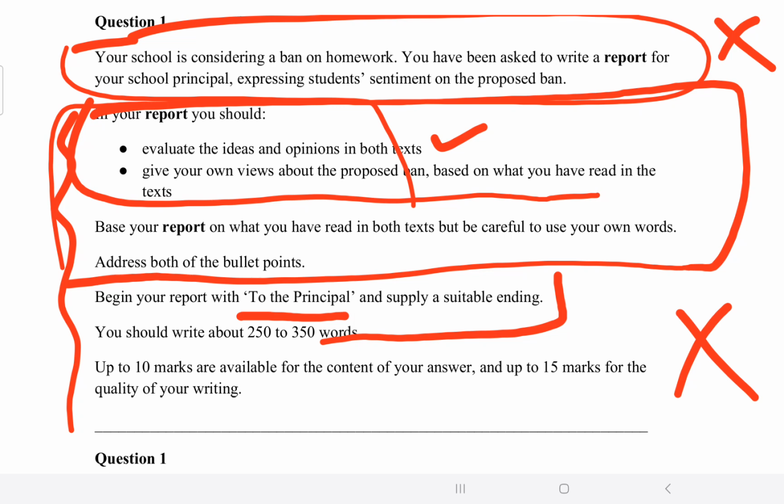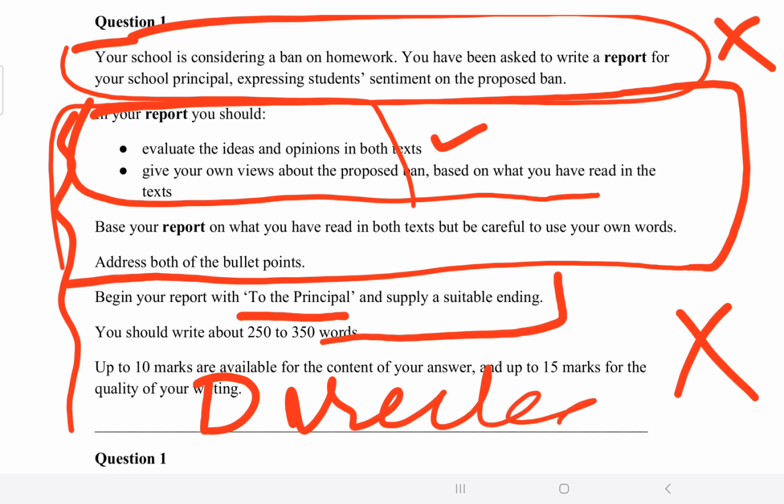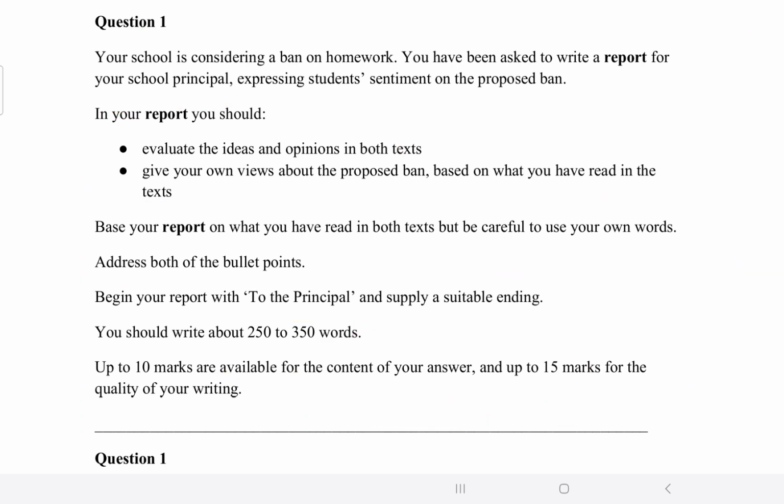Do not write something of your own, because this is a directed writing task, and directed writing task is all about following the directions. So follow this. Now you know that you have to start your report with "To the principal." Then they are saying to supply a suitable ending also.